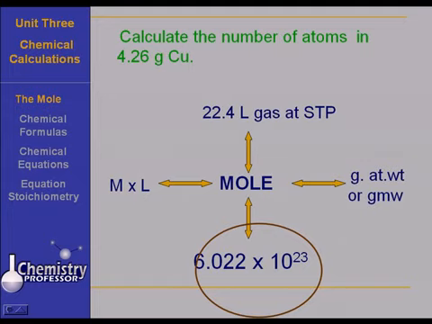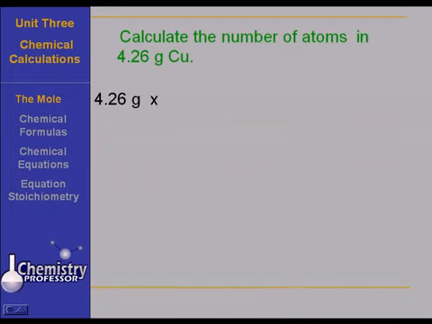And this is the way it works, like this. So we start with 4.26 grams of our copper, and let's convert that to moles by multiplying by 1 mole over 63.55 grams. Got that? Now you're at the midway point. You are now at moles because your grams cancel.